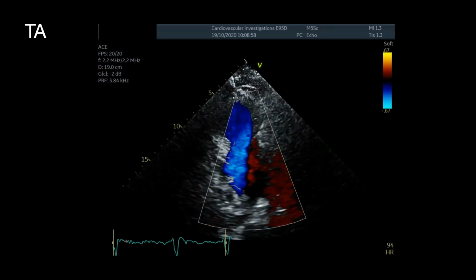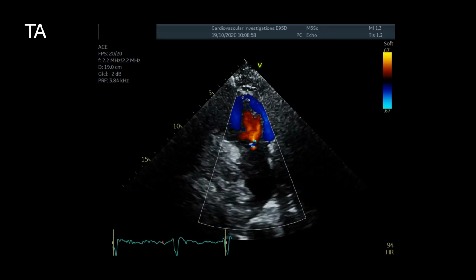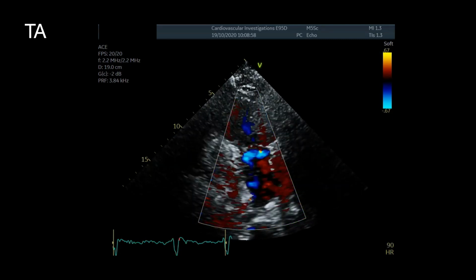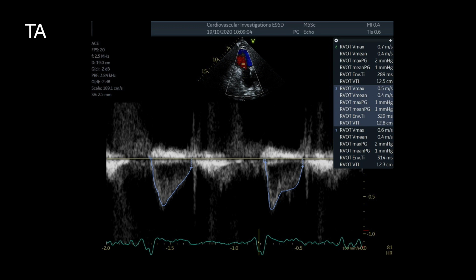And here we're in RV outflow from the parasternal long axis view, and you can see that little jet of PR, pulmonary regurgitation. And they've measured the RVOT VTI there.